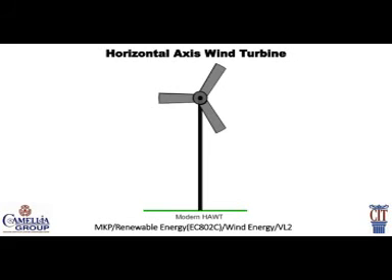Two main types of wind turbines are the horizontal axis wind turbine, or HAWT, and the vertical axis wind turbine, or VAWT. Let us first understand what a horizontal axis wind turbine is. A wind electric generating station uses three-blade horizontal axis wind turbines.